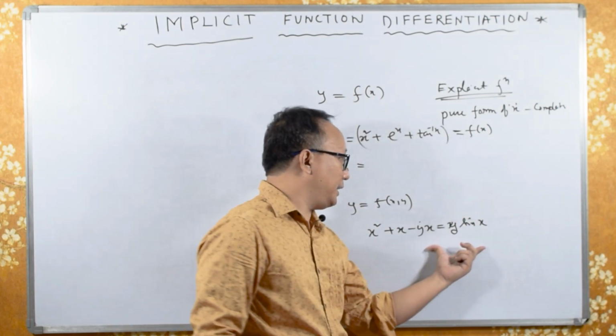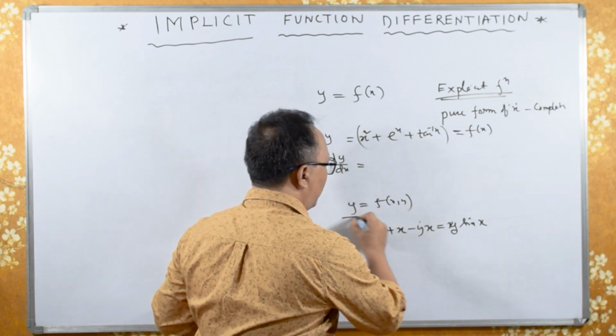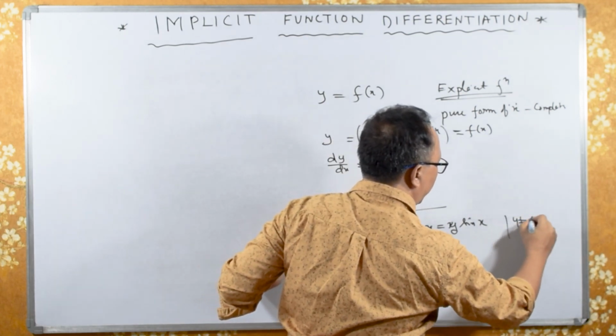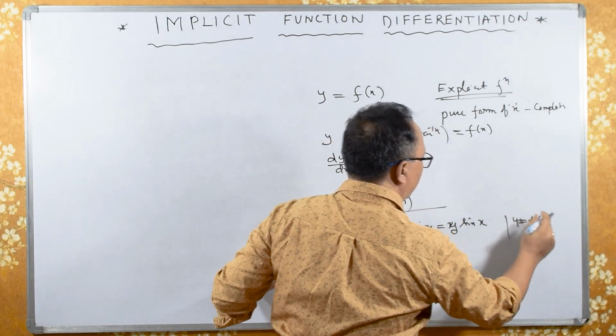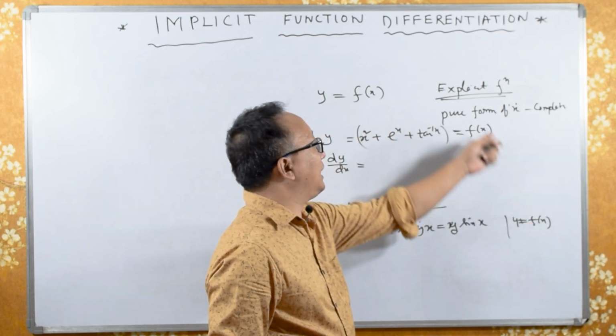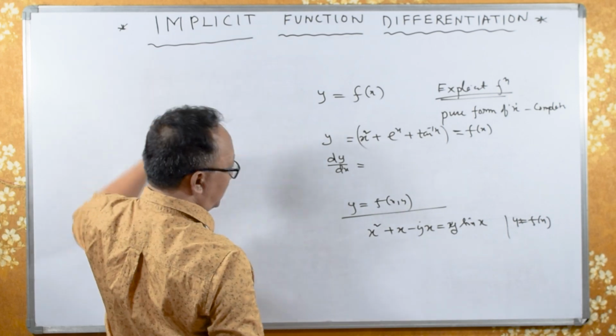Let's try to express y equals some f of x. If you can write it as a complete function of x, then that's explicit. If you are not able to, then that's implicit. Let's try this.